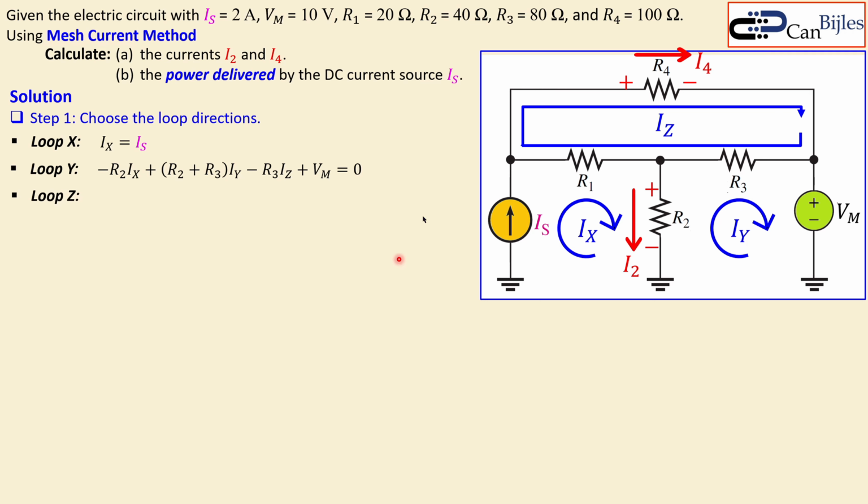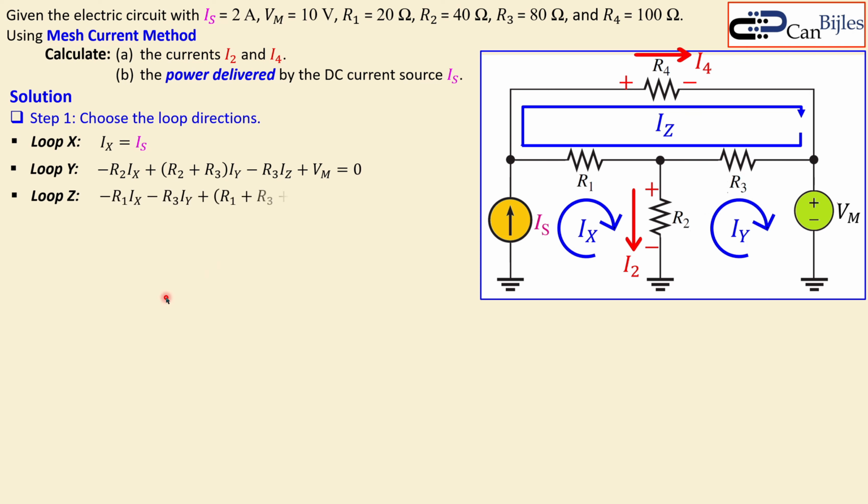Okay, loop Z. In a similar form, R1, R3, and R4 all have IZ as the positive orientation, but IX will fight back in the R1 resistor, and IY will fight back in the R3 resistor.